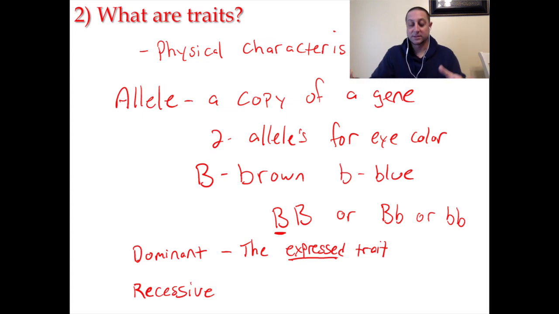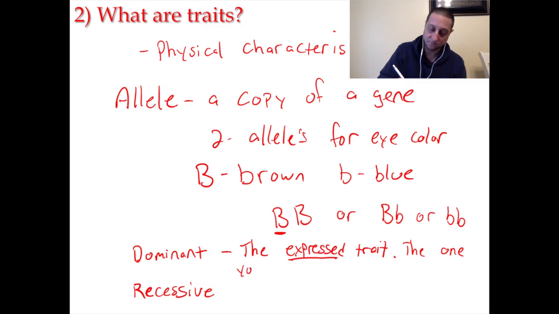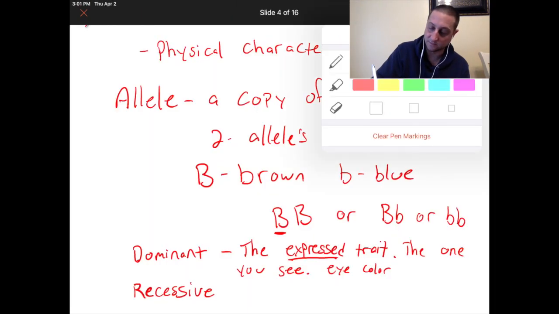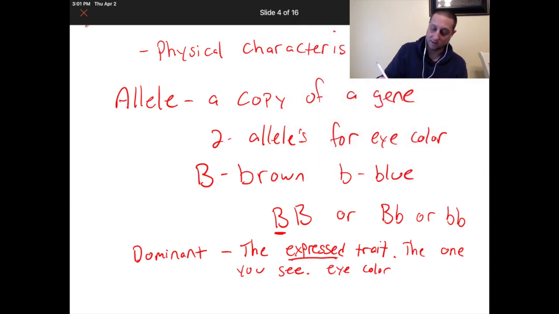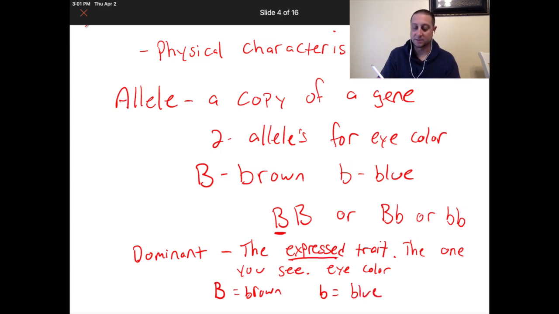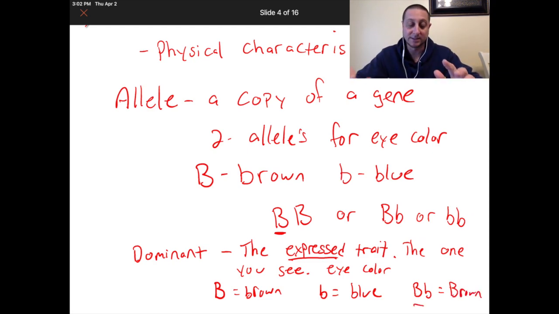So in our example, let's say we talk about eye color. I'm just going to erase this over here. If the capital B is brown and the lowercase b is blue, and they're together, say big B, little b, you are going to see brown because the capital represents dominant.